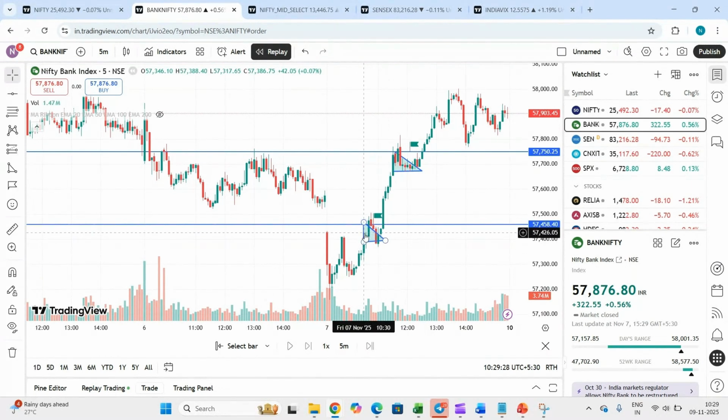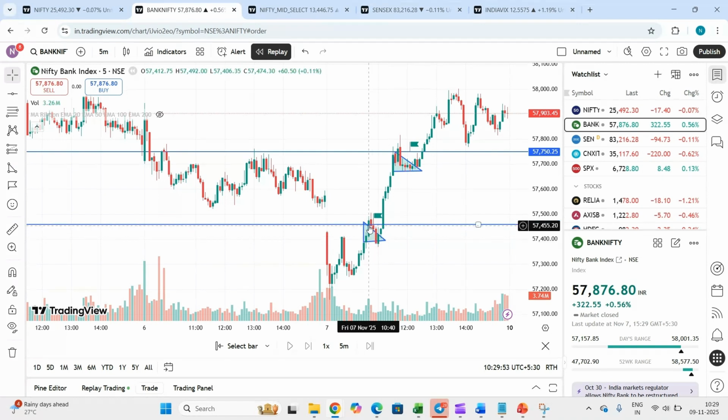So I marked a pennant here. The intention was that if Bank Nifty is able to break above, because the trend is bullish now. You can see these are the bullish candles with full bodies. So I mark this as a pole here. You can see this as a pole.